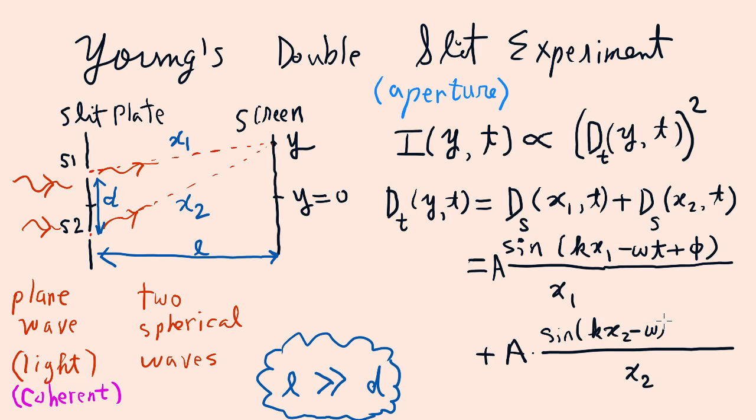Figuring out the interference pattern becomes a simple mathematical exercise where we just add these two sinusoidal functions divided by distance. We'll do that on the next slide.